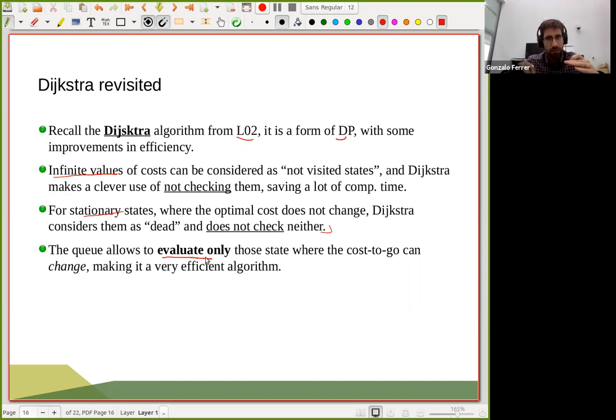You can still find other paths and get a duplicate solution, but you don't need to evaluate them all the time. So only those that are on the queue were considered to give an update on the cost to go function. And that was the reason behind this efficiency.